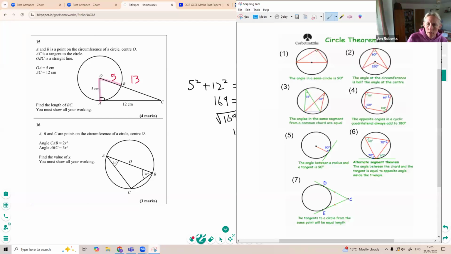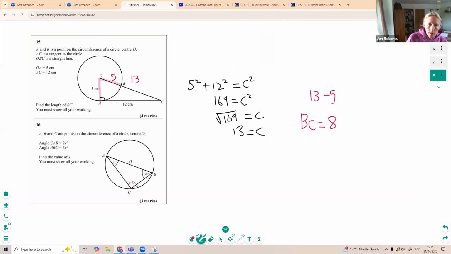We've not used circle theorem rule 1 yet. So we've got a diameter, which creates a semicircle. So this is 90 degrees. I know the angles in a triangle add up to 180.